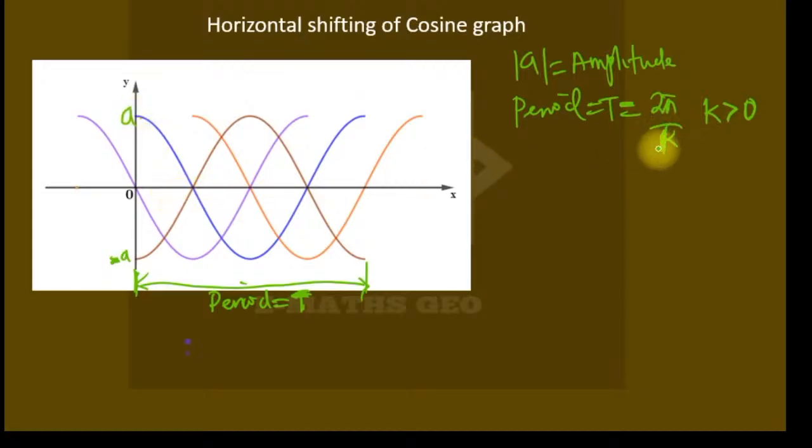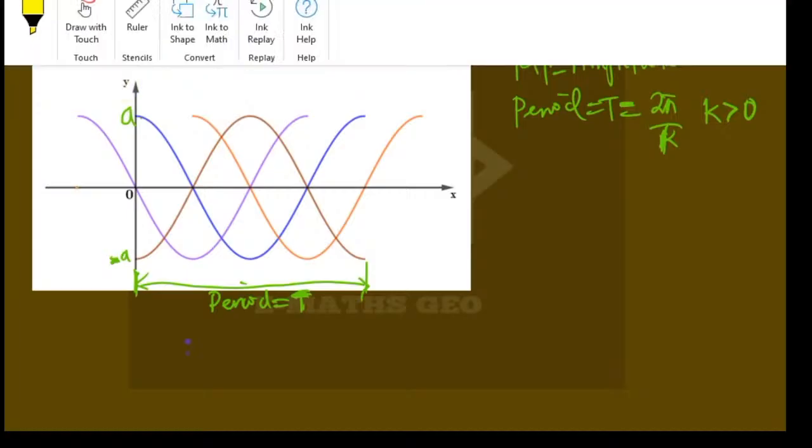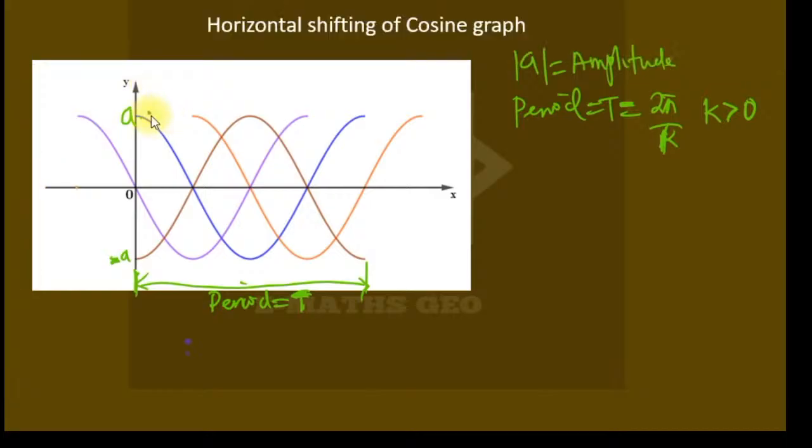So, and where is k? This is the parent graph. This is y equal to a cos kx. So the coefficient of x is k. So you notice that to get this second graph, you shift the first one b units.